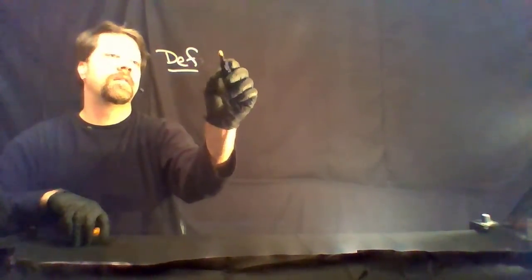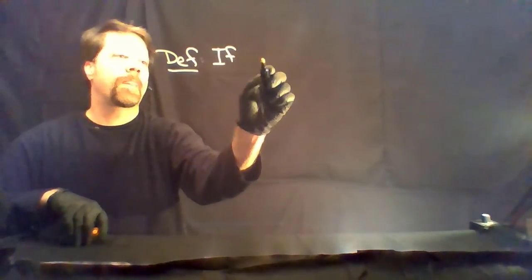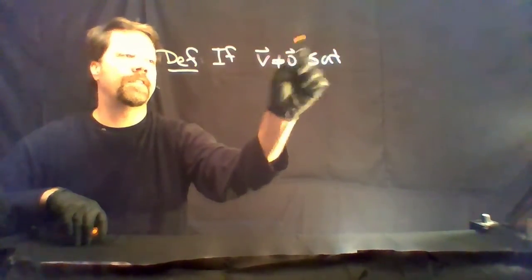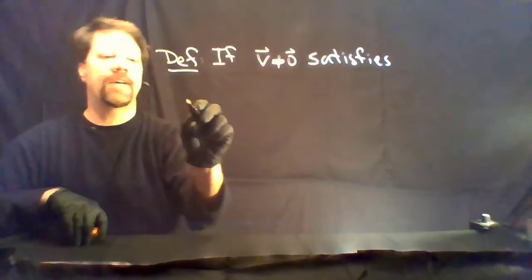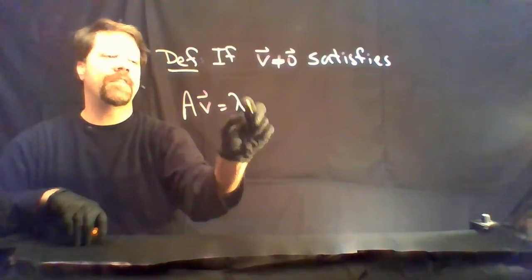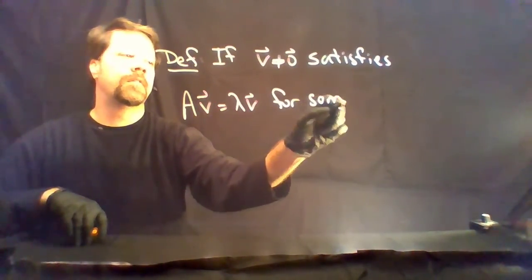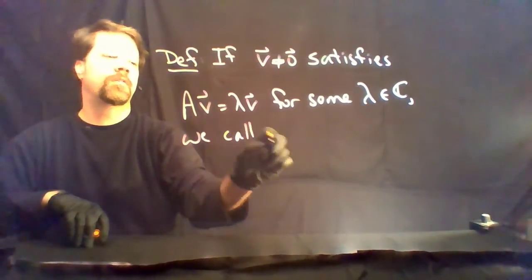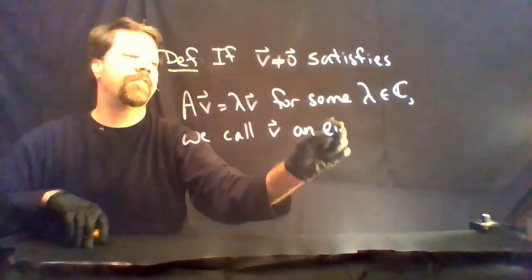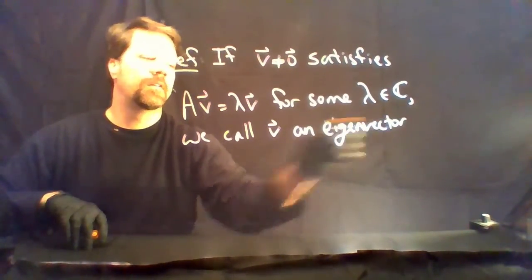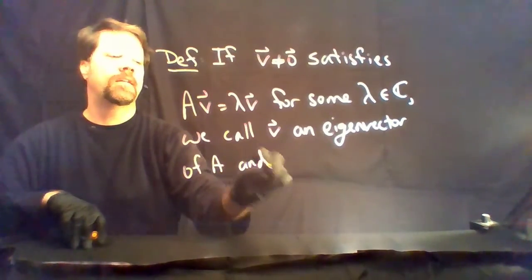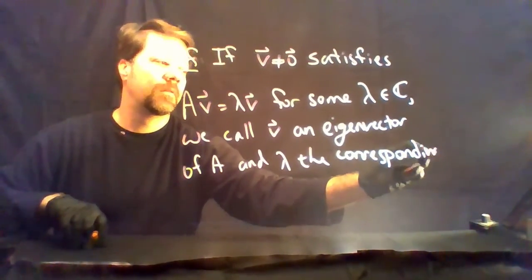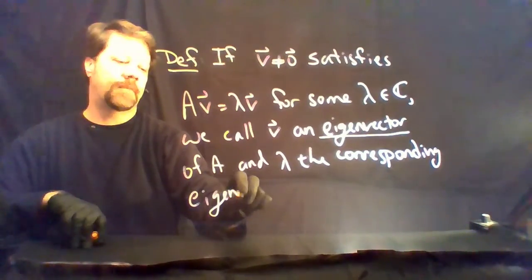If v is a nonzero vector that satisfies Av equals lambda v for some lambda, which could be a complex number, we call v an eigenvector of A, and lambda the corresponding eigenvalue.